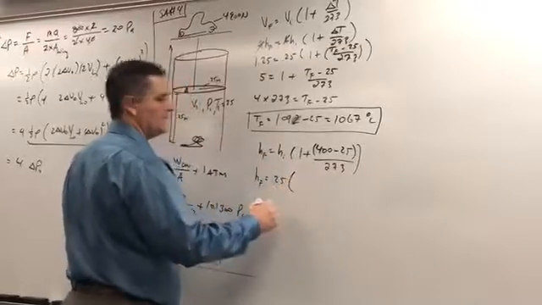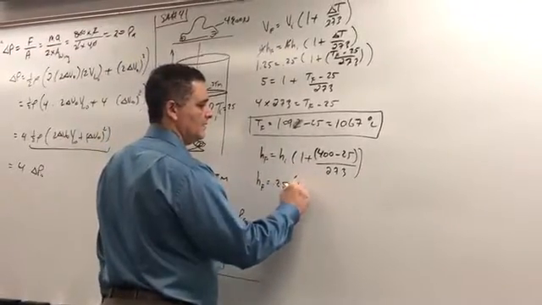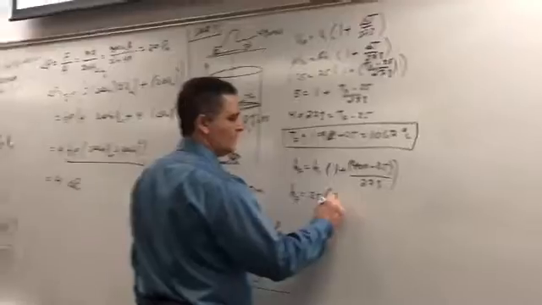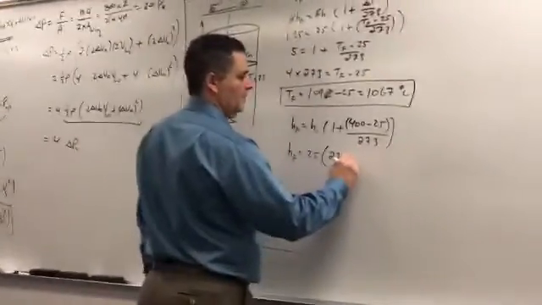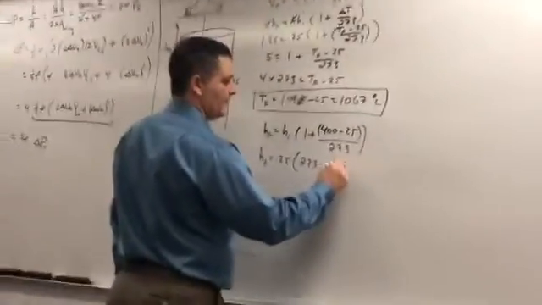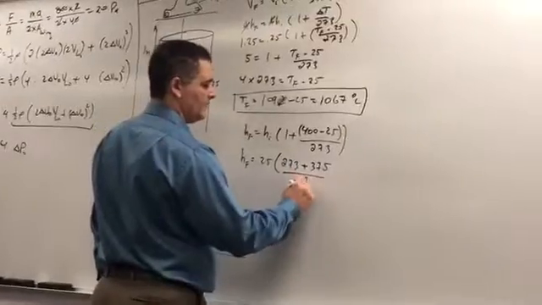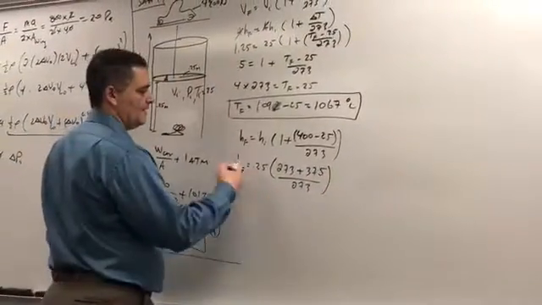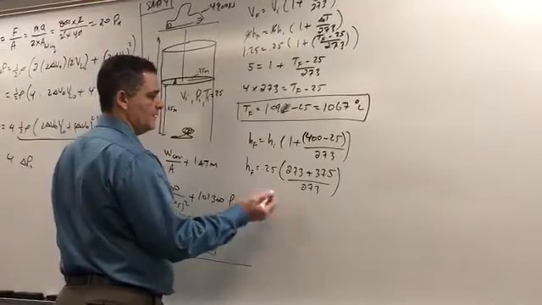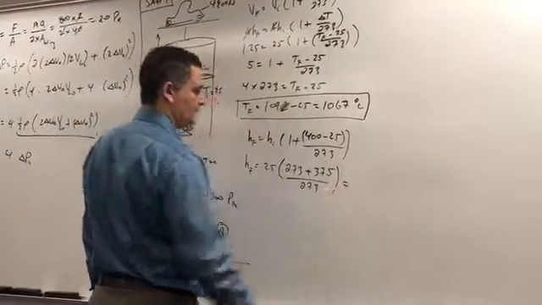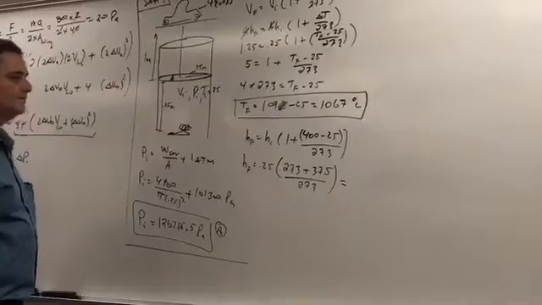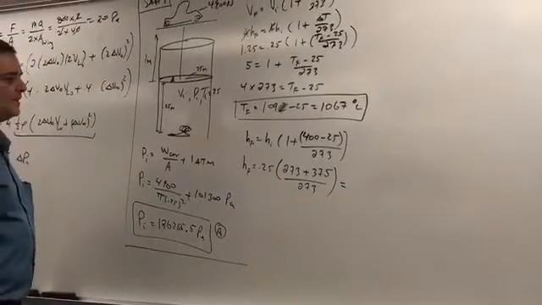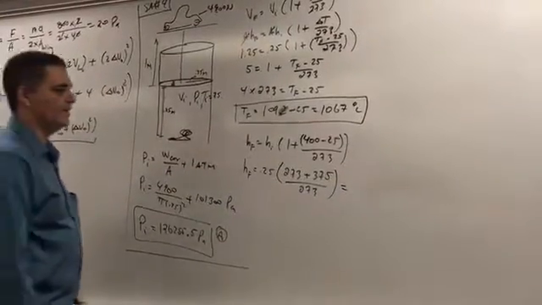Okay, and this is going to be 273 plus 375 divided by 273. Okay, and you're going to get 658 over 273.